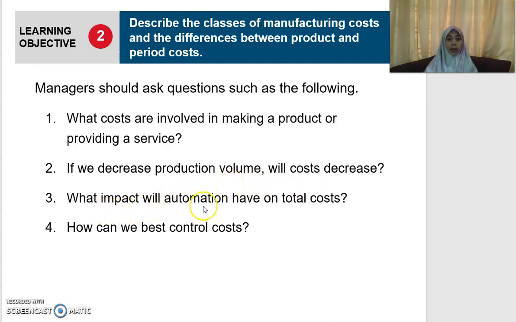What impact will automation have on the total cost? And how can we best control cost? When talking about cost, you want it to be as minimum as possible, and when talking about profit or revenue, you want it to be as maximum as possible.